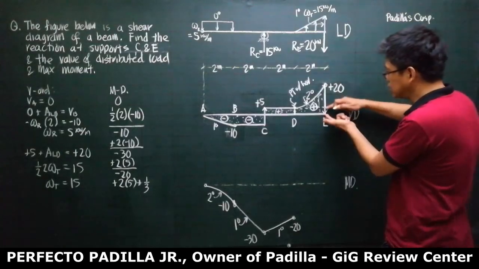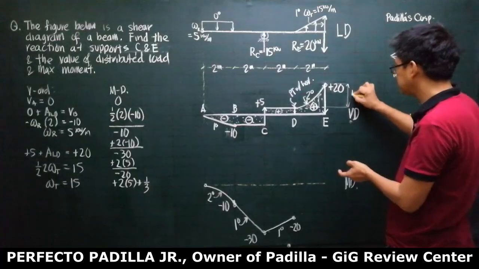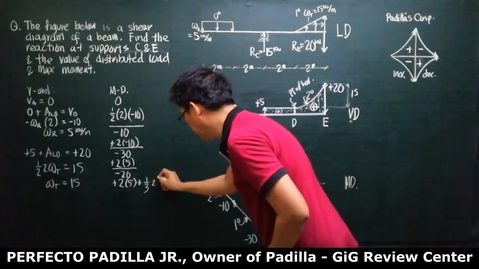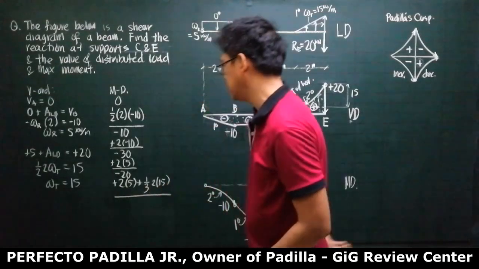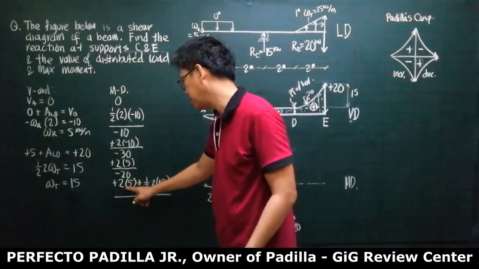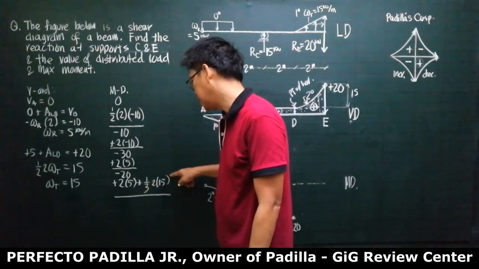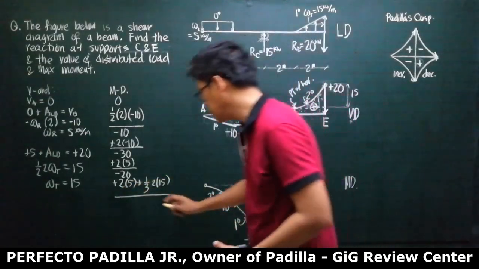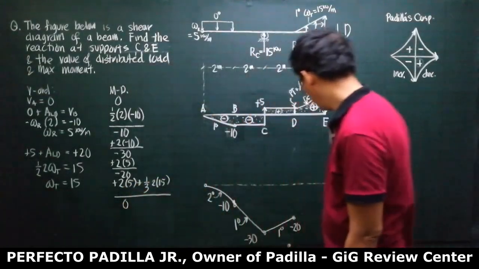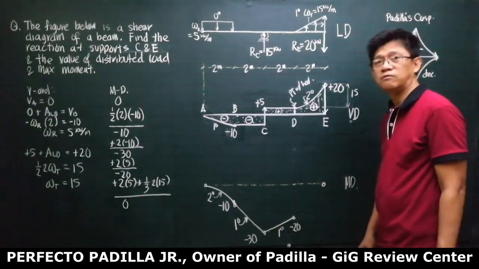This is 20, this is 5, so this is 15, right? So 1/3 of 2 by 15. Computing this is going to be minus 20 plus 10 plus 10. Minus 10 plus 10, so this is going to be 0. So the moment here is going to be 0, right?